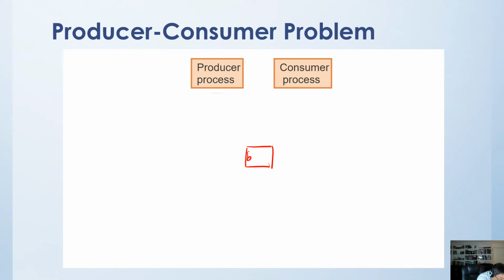That's the buffer area. Now, the producer first produces the data. That's the data it produced, and then it tries to place the data into the buffer.